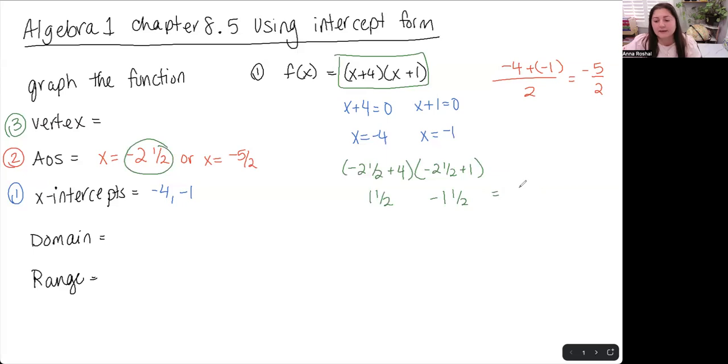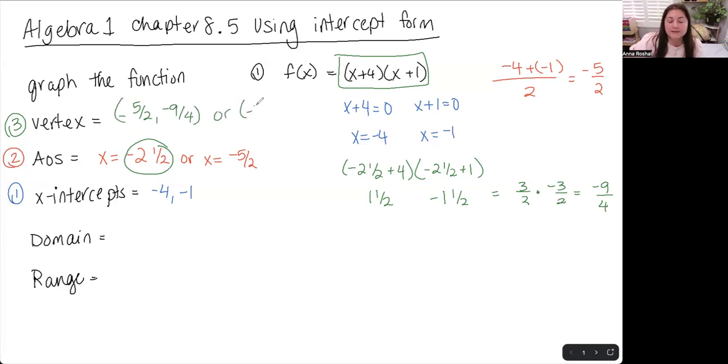So 3/2 times -3/2 is -9 over 4. So my vertex is going to be either -5/2, comma, -9/4, or we can write it down as -2.5, comma, -2 1/4. Either of those totally works, not an issue.